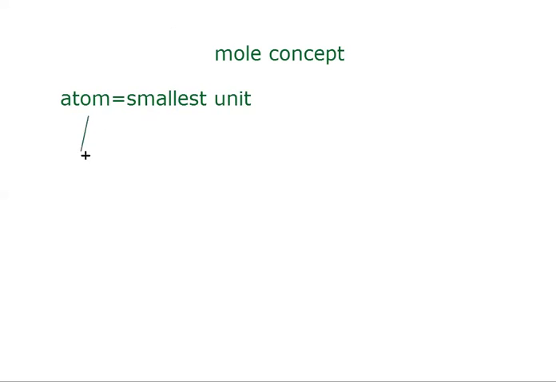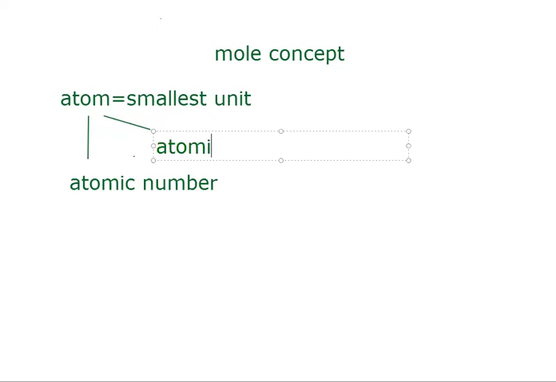that an atom can be represented first by the atomic number. The second term that can be used to define an atom is the atomic mass.